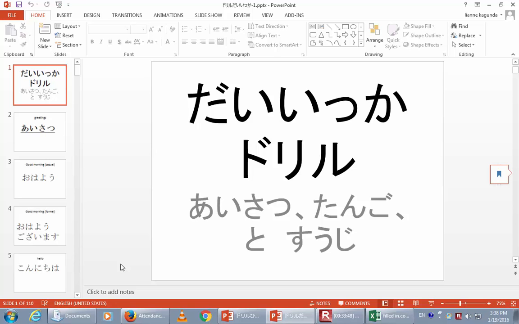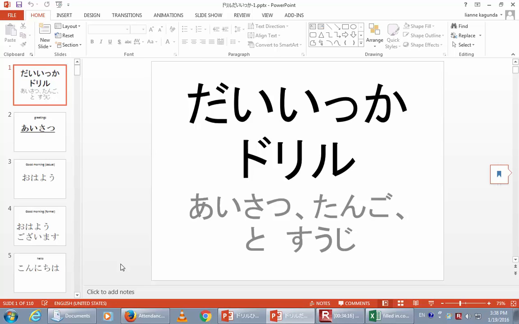So this is shinu, which is not a vocabulary word, so don't worry about it. It means to die, if you're curious. It's a good start. Ima. Ima is now. That, I think, is one of your vocabulary words. Nani means what, and it is also a vocabulary word.